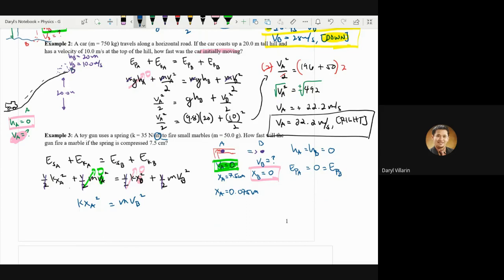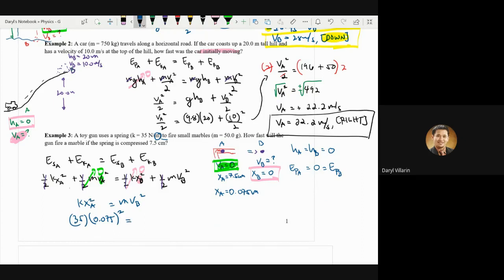So M should be present there. So you substitute: k is 35 multiplied by the value of x_a, that's 0.075 squared. Remember that x_a is to the power of 2, so you're squaring that particular number.